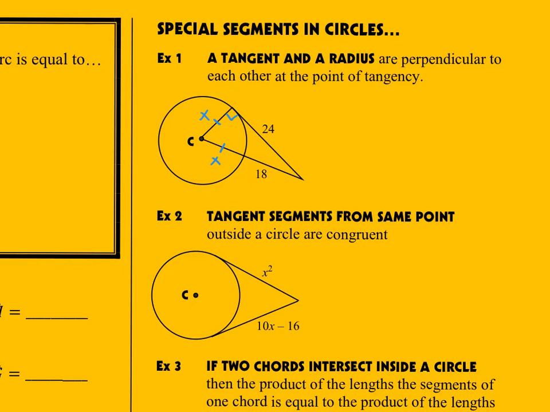From there, we can just work with the nice right triangle that we've got happening here and do a Pythagorean theorem. So we're going to square our legs, so we're going to have an x squared plus our 24 squared. And then for the hypotenuse, we want to remember that we need to look at the entire hypotenuse, which is going to be x plus 18.